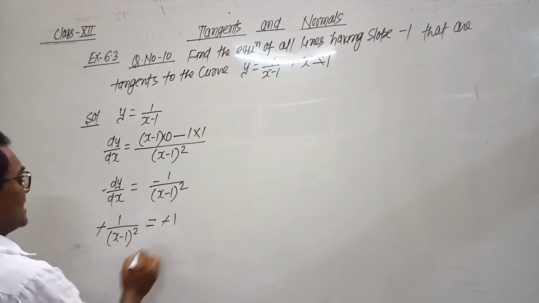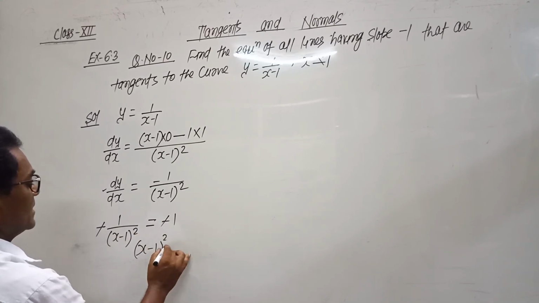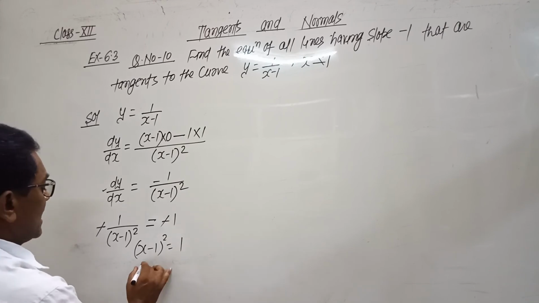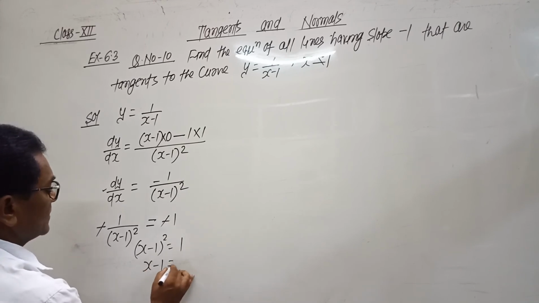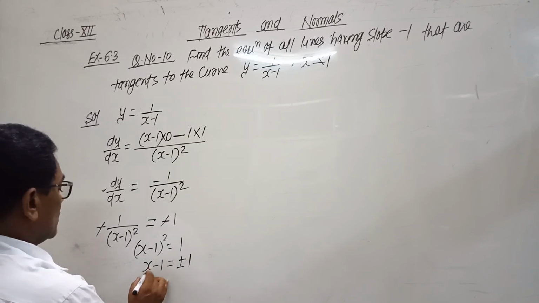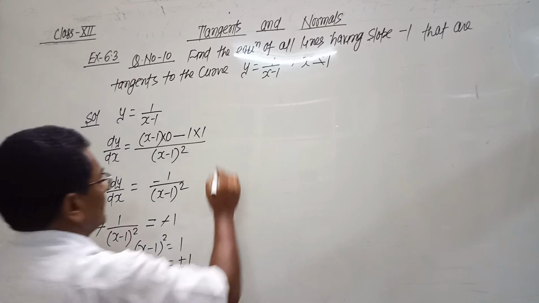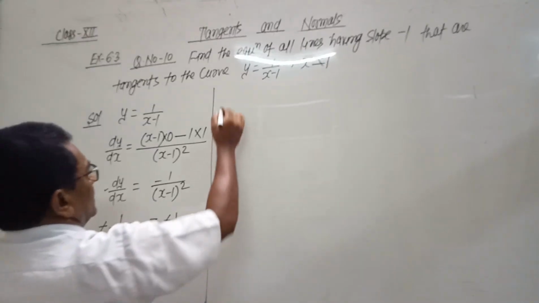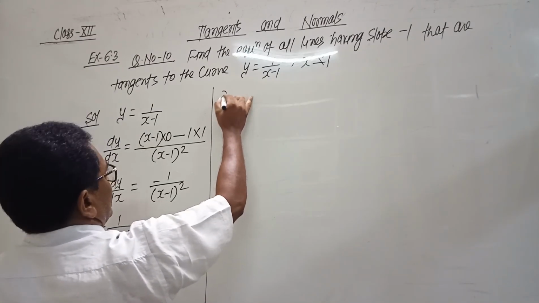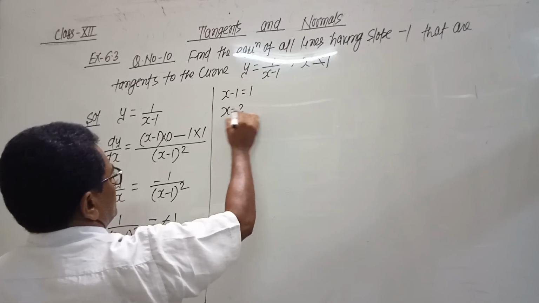So minus and minus cancel, and x minus 1 the whole square equals 1, and x minus 1 equals plus or minus 1. So when we take x minus 1 equals plus 1, x equals 2.